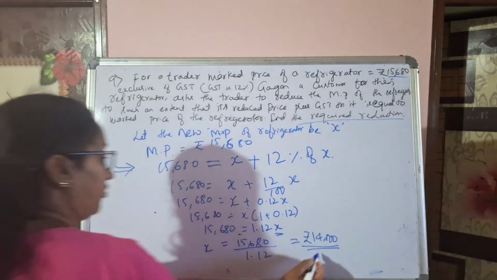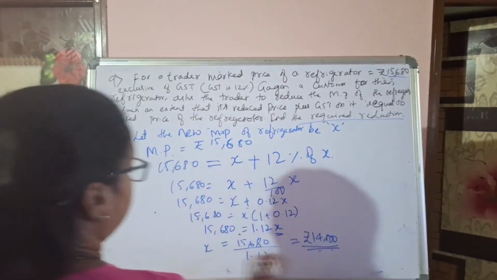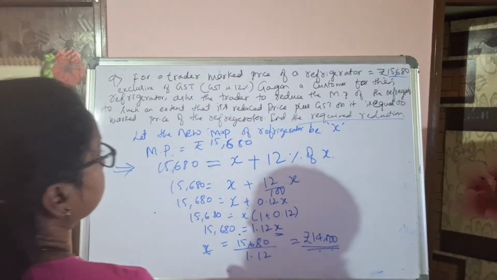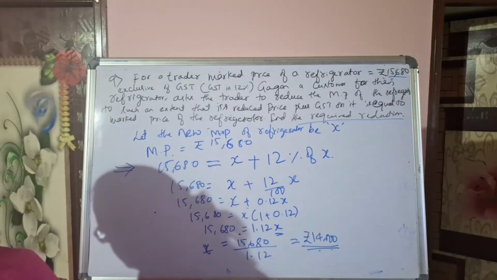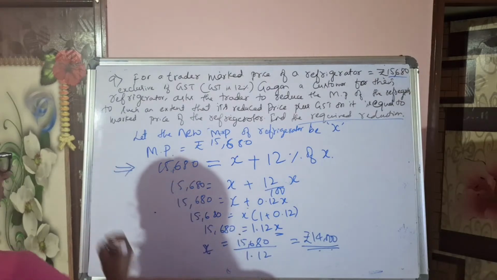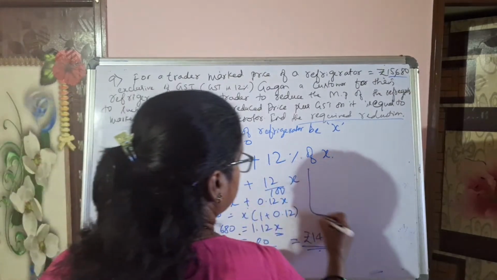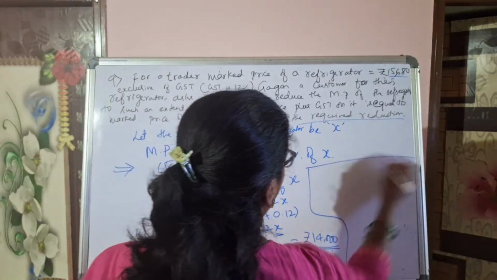So now we have got the value of X. Now we have to find the reduction in price.